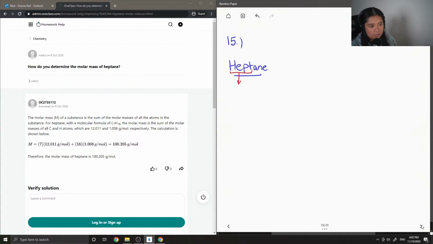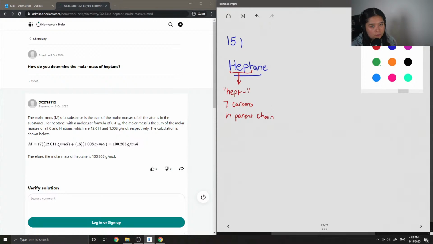So it has a prefix of hept, which tells us that there are 7 carbons in the parent chain. And the fact that it ends in ane just tells us that there are only single bonds involved.